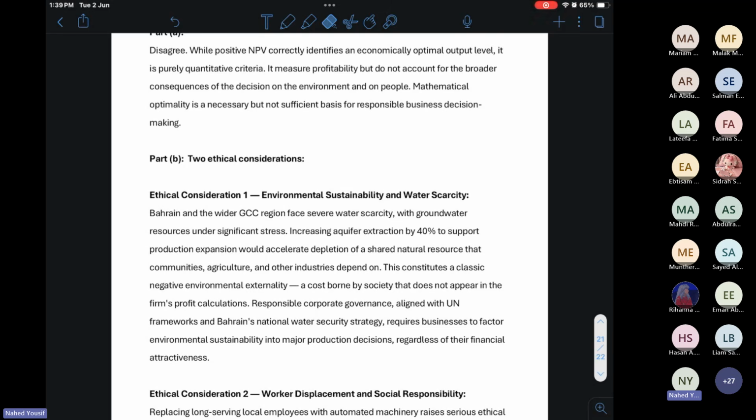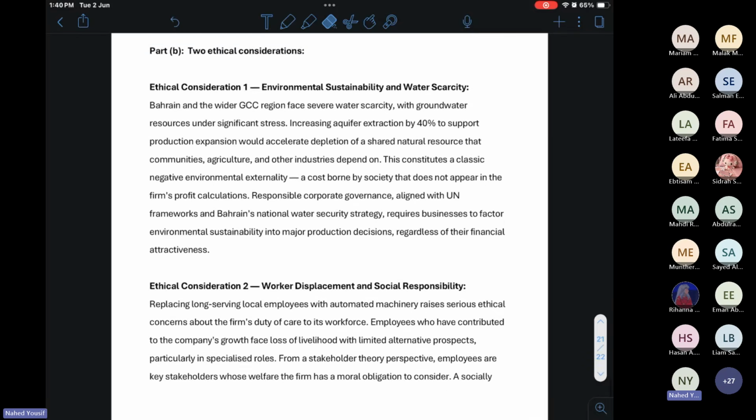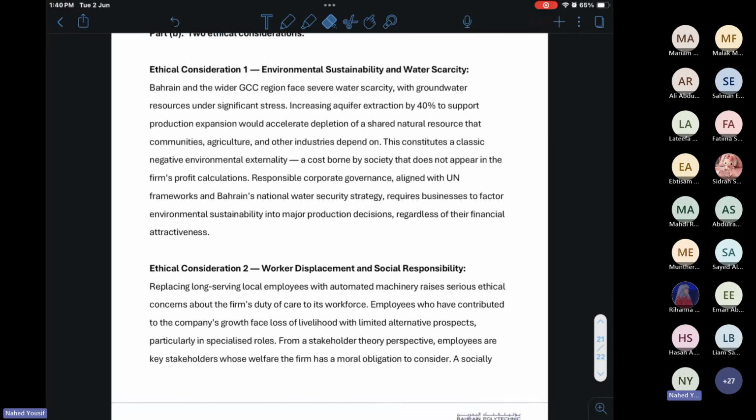It will also cost a lot if we suffer from insufficient water. And it will clash with Bahrain's national water strategy. So we have to be careful with water because it's a very important resource. We cannot live without it, it will harm us. This is how he discussed environmental sustainability and water security.